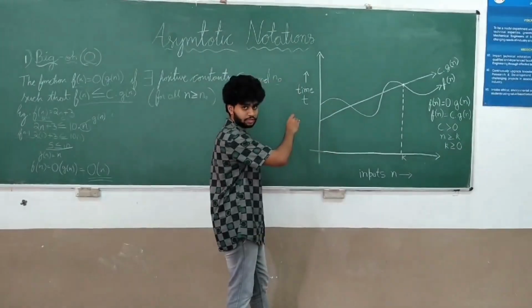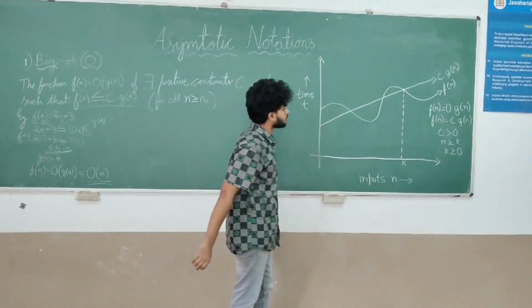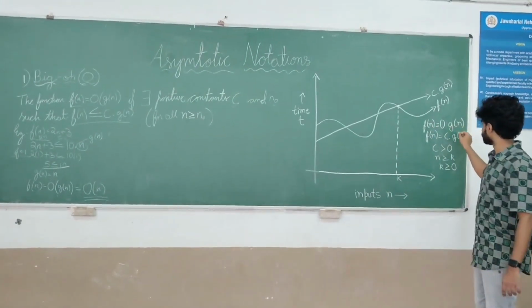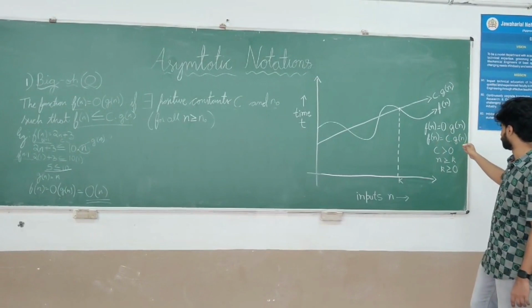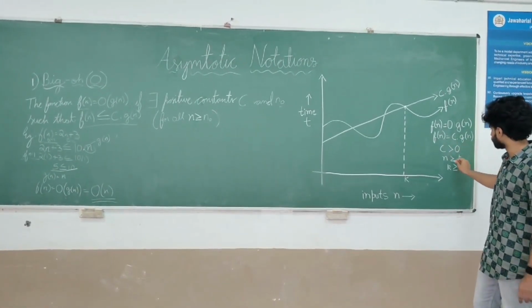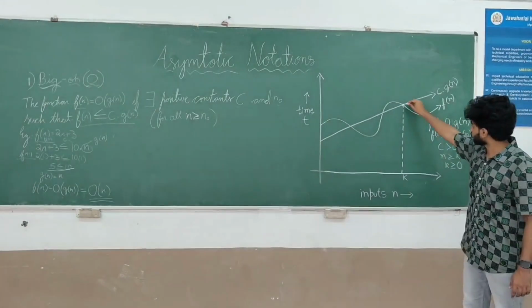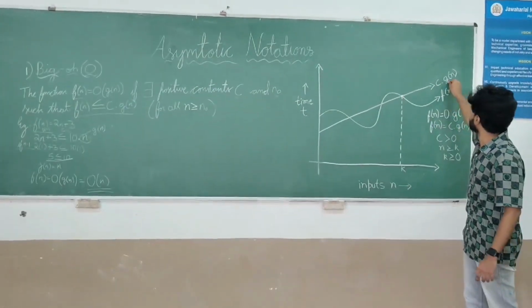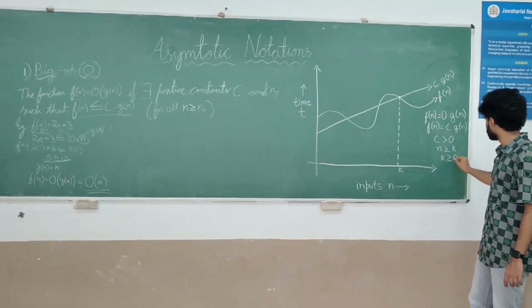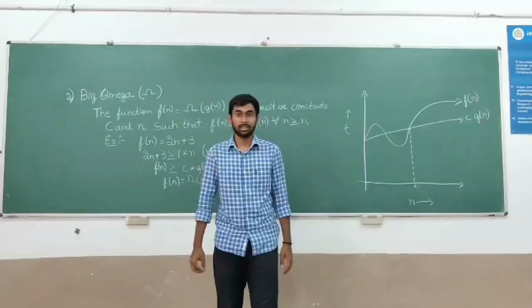So we can see here, again, f of n is equal to big O of g of n, f of n is less than or equal to c into g of n, where c is greater than 0 and n is greater than or equal to k. K is the point where f of n and c into g of n meet, and k is also greater than or equal to 0.